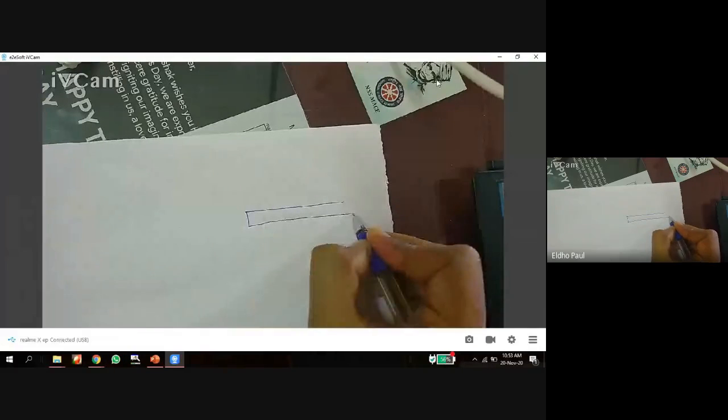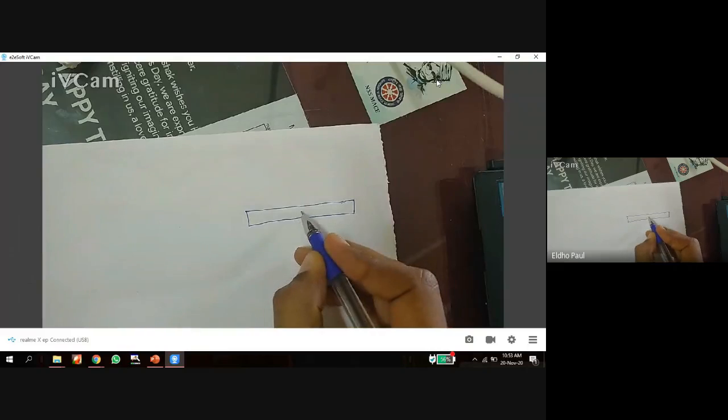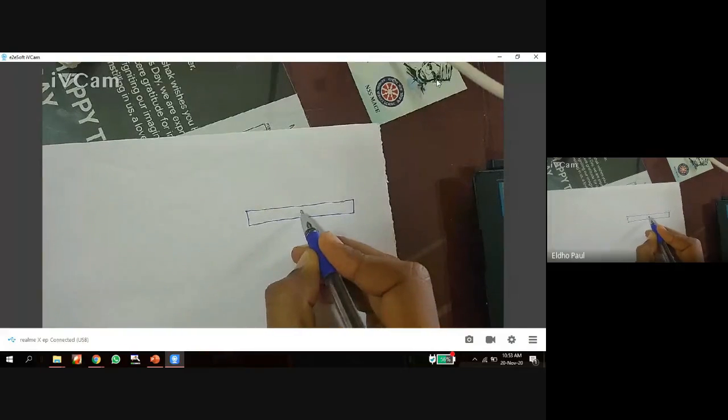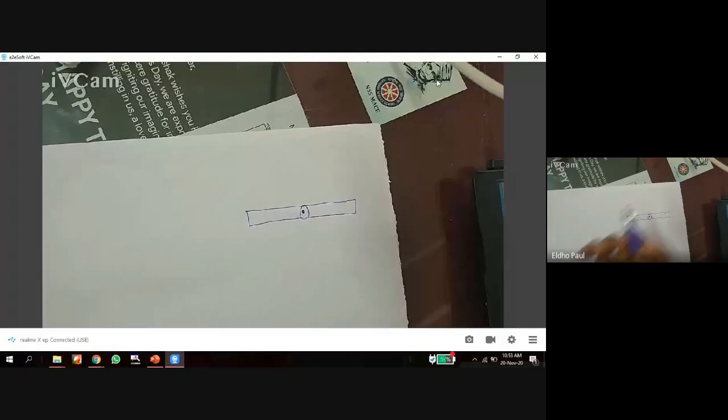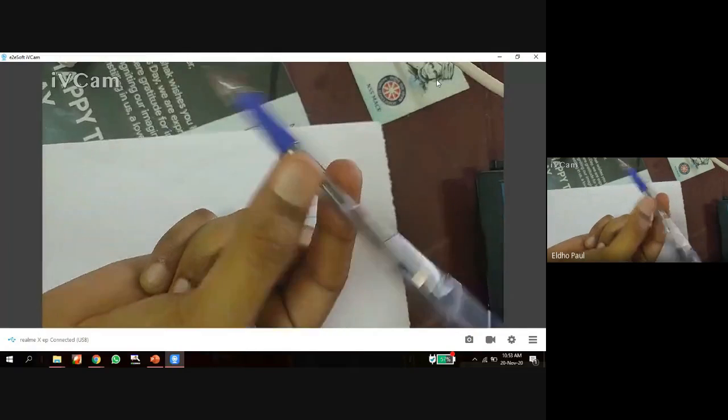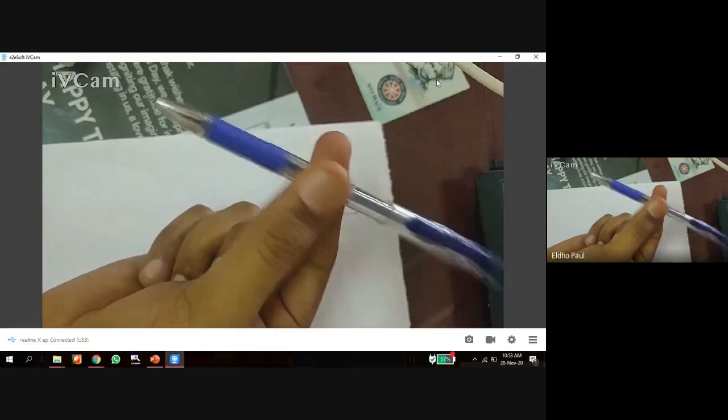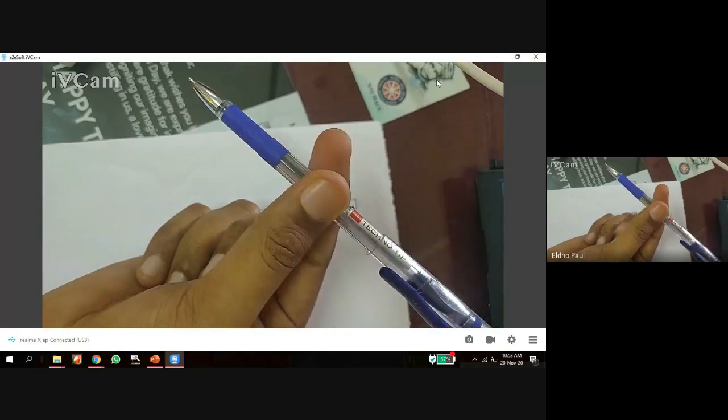wooden rod. You take a wooden rod, and you are trying to rotate this rod by holding your hand at the center. It will be very easy to rotate that heavy wooden rod.